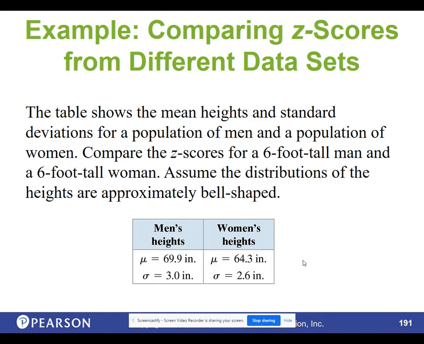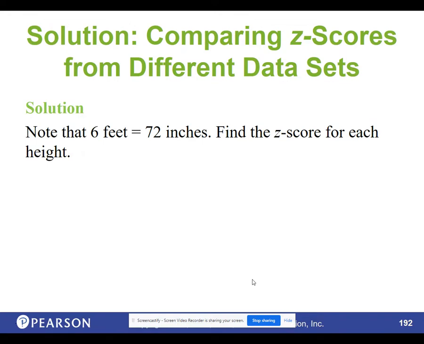Okay, a man's average height is 69.9 inches with a standard deviation of 3. A woman's average height is 64.3 inches with a standard deviation of 2.6. So we're going to take those values and turn them into z-scores. Remember, 6 foot is 72 inches.